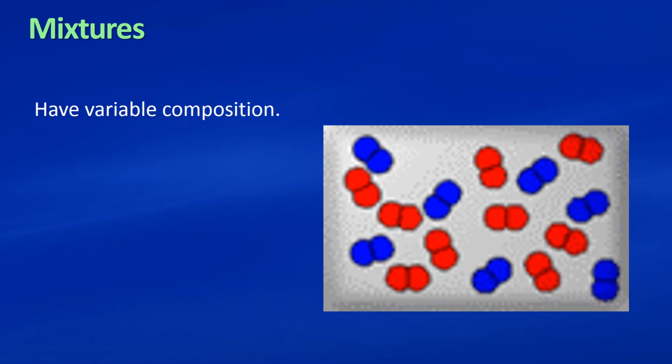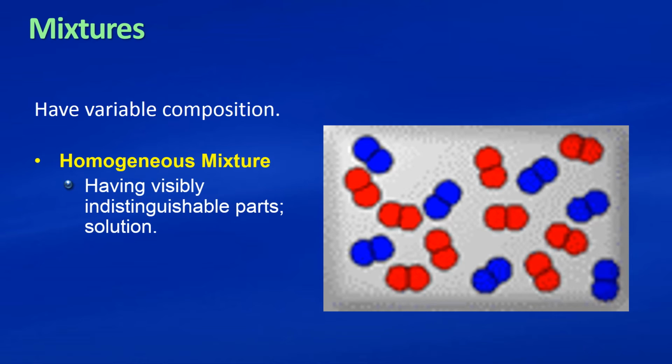Mixtures have variable composition, and they're not a substance. They have different stuff in them, like this picture shows. Two different elements are pictured here, but they're all mixed together. So we have two types of mixtures. The first one is homogeneous mixtures, and those look like they're the same.